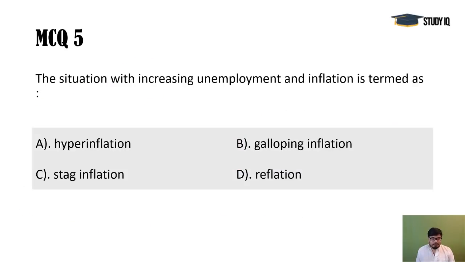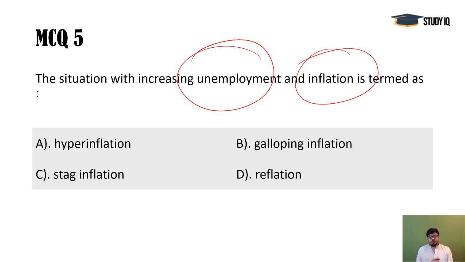Okay, next, when unemployment is also there, inflation is also there. So this condition comes when inequality is there. Today you can see that only the rich people are able to buy products. Because they are able to buy those products, and there are many rich people in India, the prices will rise accordingly.